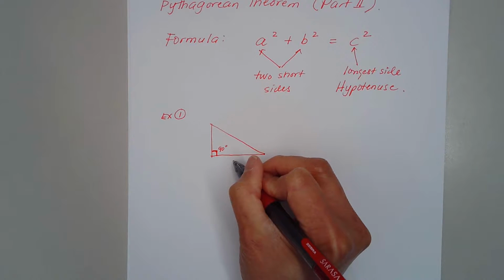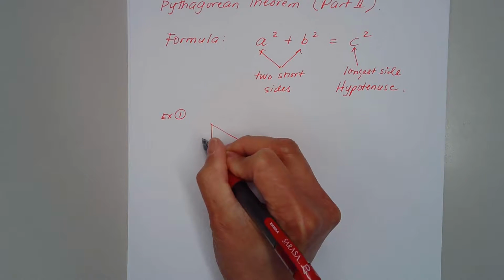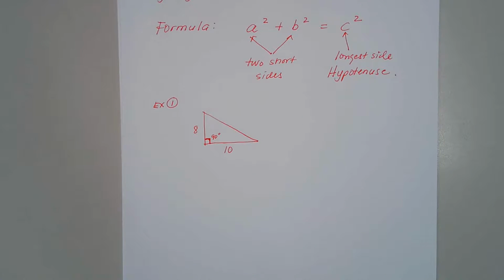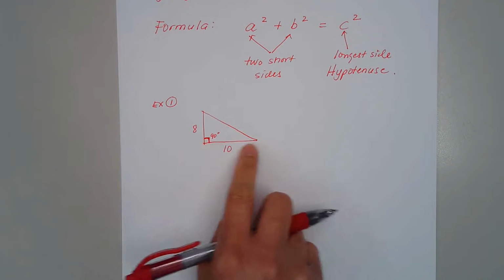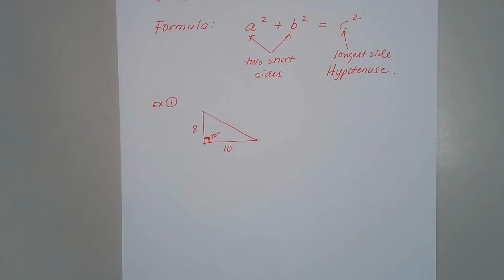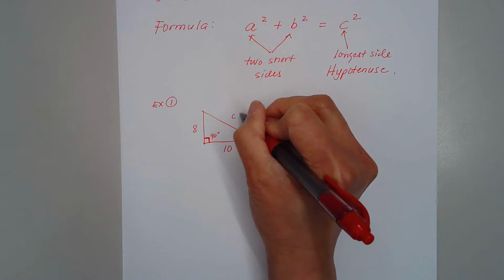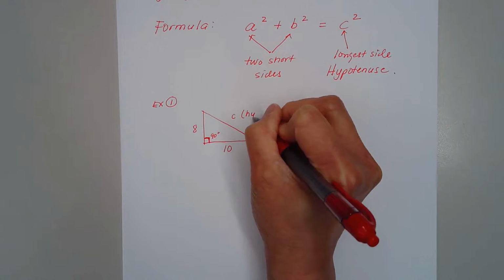Let's make this 10 and this is 8. So if this length is 10 and this length is 8, what are we solving for? We're solving for the c, which is the hypotenuse.